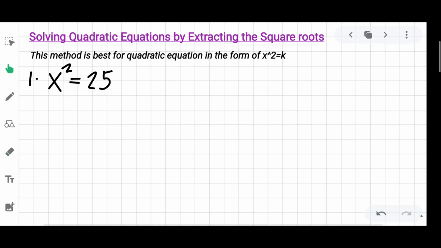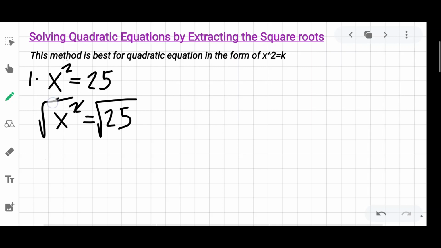So, I guess, alam nyo na kung anong extracting the square root. So, let's have an example here. We have x squared equals 25. So, naka-format siya dito. So, isa-solve na natin. X squared equals 25. So, para matanggal ang exponent na 2, kailangan natin i-square root both side.